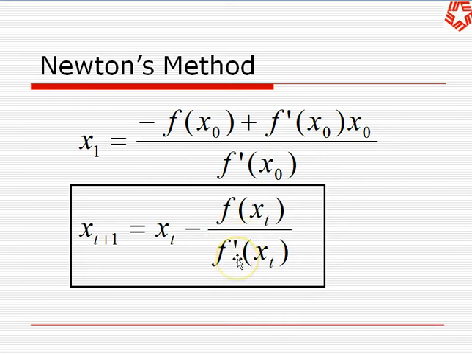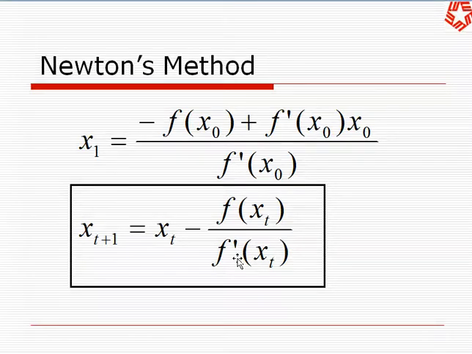Now, if we try to maximize or minimize a function, the function that we need the root of is the first derivative of the function to be maximized, because at the maximum or the minimum the derivative is equal to 0.